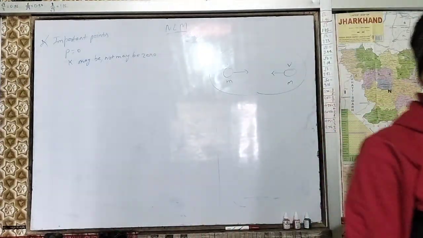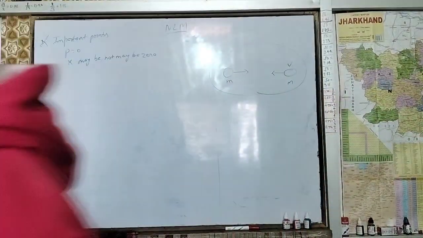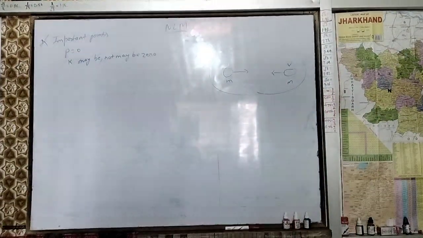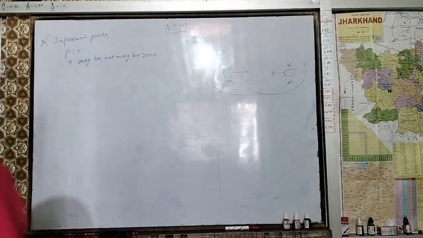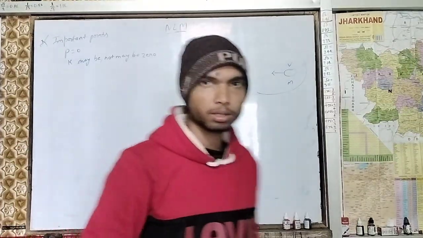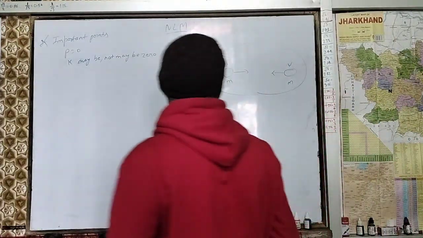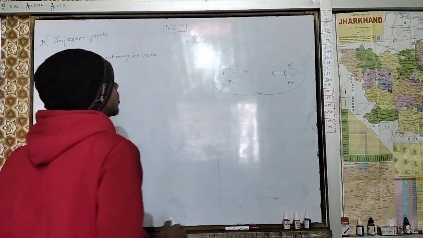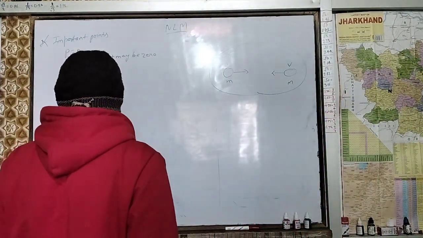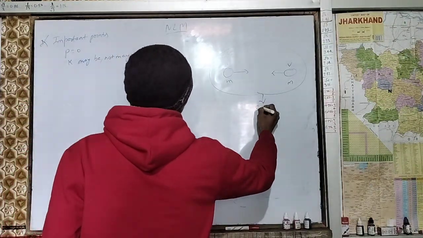The masses are the same and the velocities are also the same. This is a complete system or body.